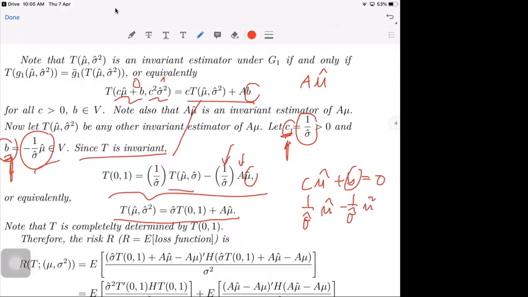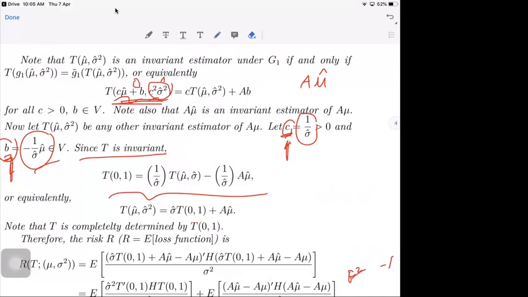Are you following? Yes, ma'am. So this is 0 in this scenario, and your C squared sigma squared becomes 1 over sigma hat square. And this is sigma hat square, so that is equal to 1. Okay? Are you with me?